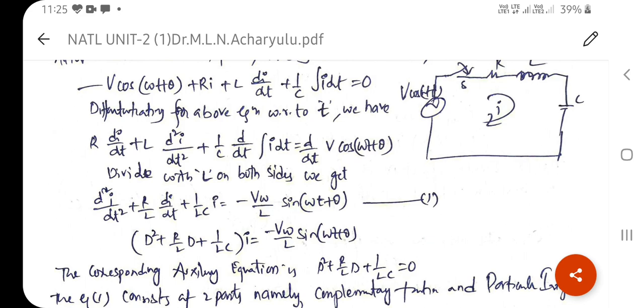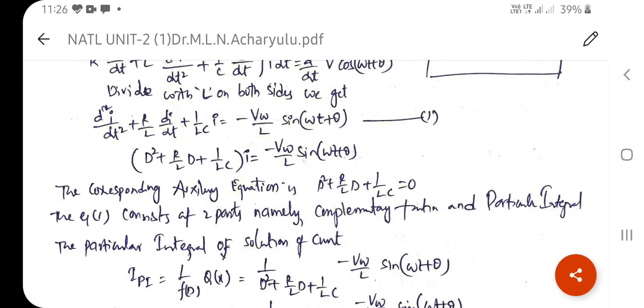The corresponding auxiliary equation, in the form ax square plus bx plus c, is D square plus R by L into D plus 1 by LC equal to 0, where a is equal to 1, b is equal to R by L and c is equal to 1 by LC.